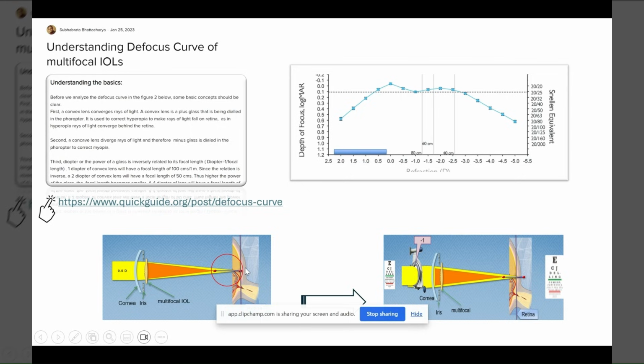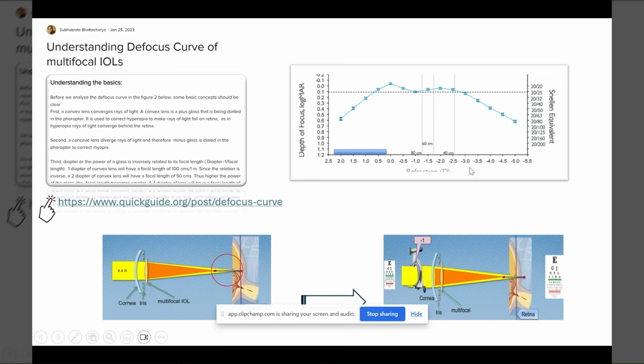Your distance focal point is on the retina, and if this is a bifocal, I'll say it has only one extra focal point, which is the near focal point. It is before the retina. But as you dial these minus lenses, the distance focal point goes defocus. I mean, it goes behind the retina, and the near focal point slowly comes forward and sits on the retina as you dial those minus 2, minus 2.5 diopter lenses.